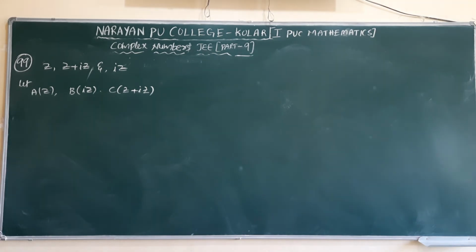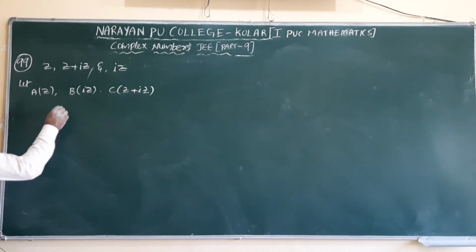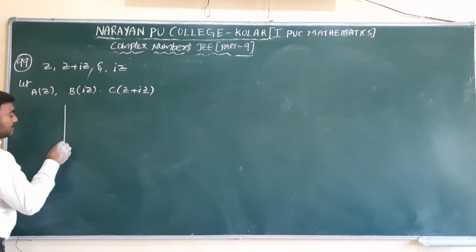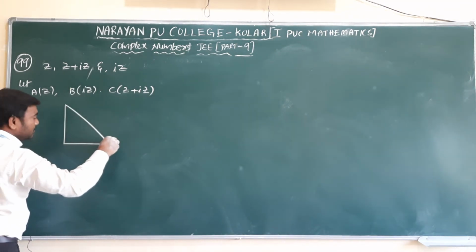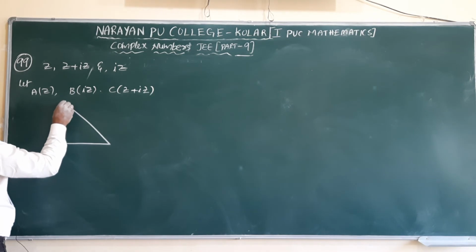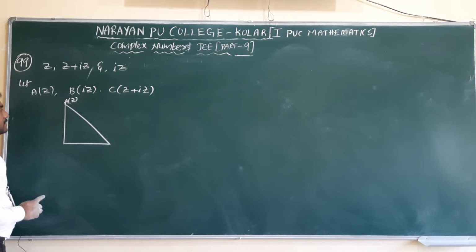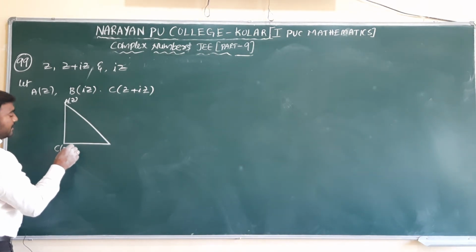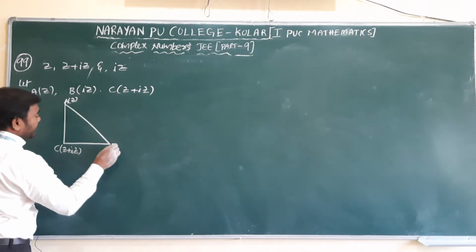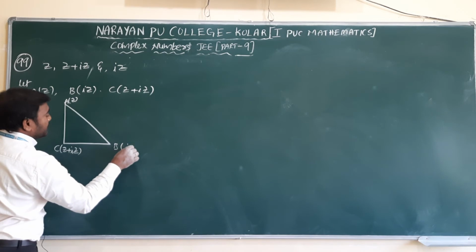Now it forms a right angle triangle, with point A as z, point C as z plus iz, and point B as iz.